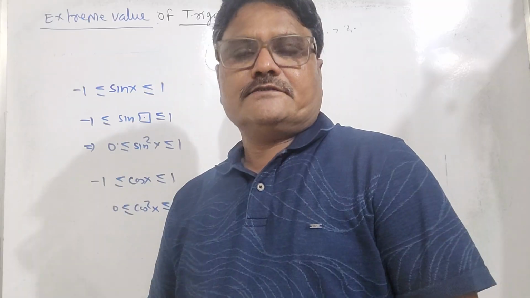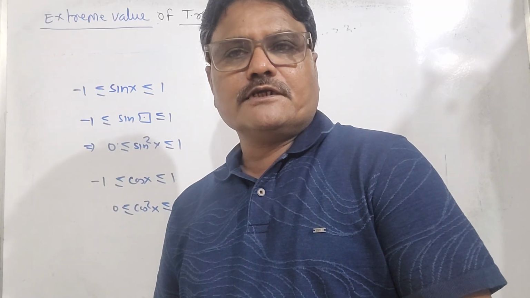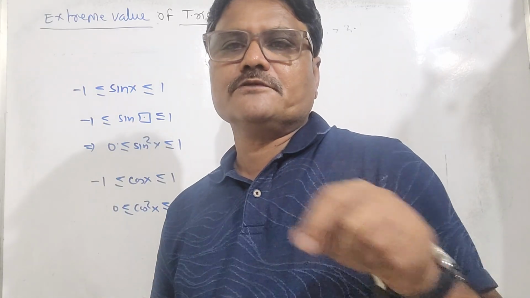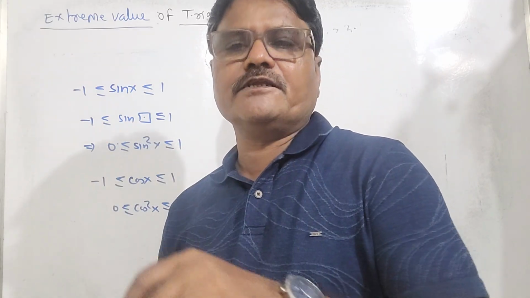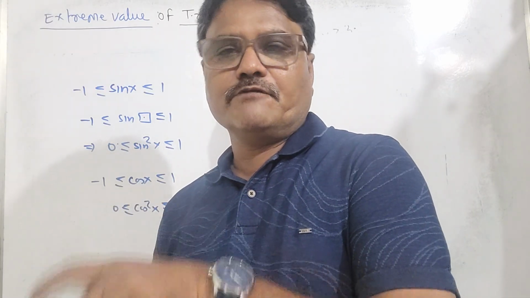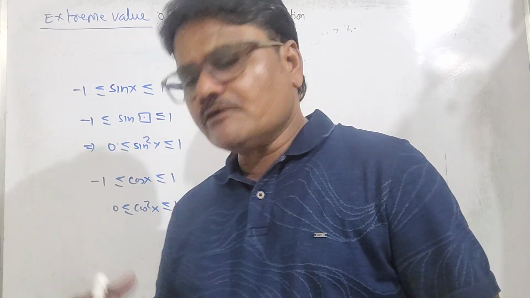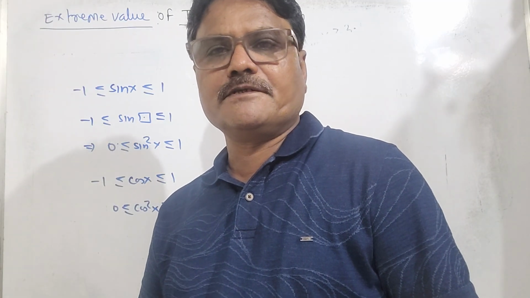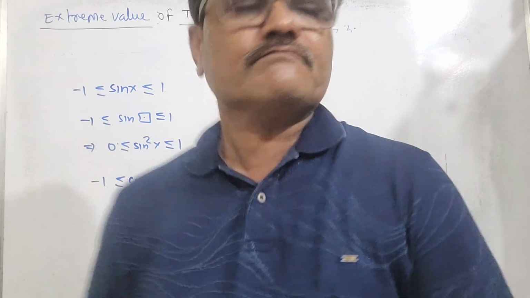Okay, sec x and cosec x are either greater than 1 or less than -1, meaning cosec x and sec x will not take any real number lying between -1 to 1, correct? And the range of tan x and cot x is always a real number. They can be any real number, correct?